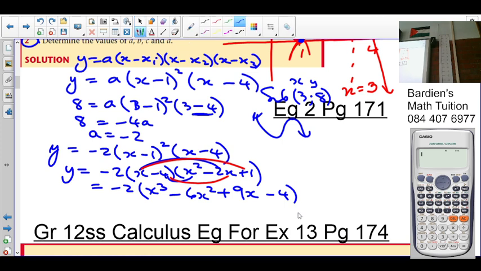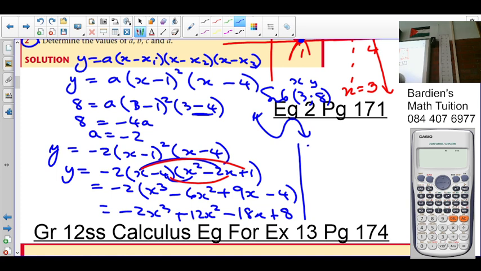Okay, now it's just to get rid of the outer bracket, so it's negative 2x cubed plus 12x squared minus 18x plus 8. So now I can conclude, therefore, my a is sorted out already. My a value is minus 2. I just underline it because that's within calculations there. Okay. So the examiner knows where to make your tick for a.